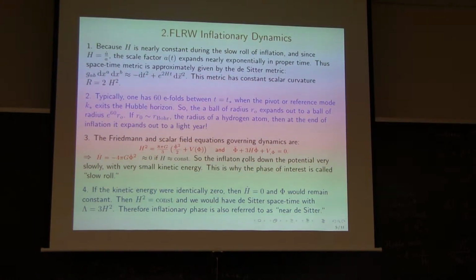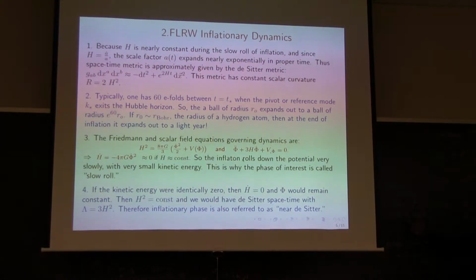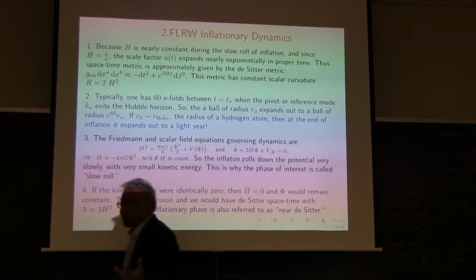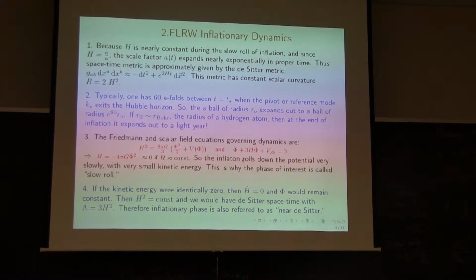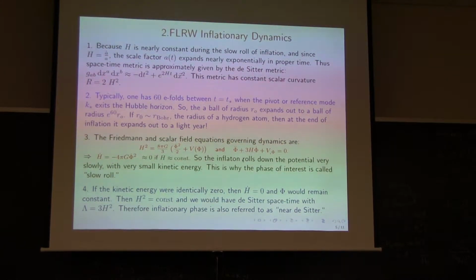I call that H naught here, just to emphasize that it is a constant. And the metric has a constant scalar curvature, which is given by 12 times H squared, which is what I was writing down up here. That the scalar curvature is just given by H naught squared. Right? I mean, the Ricci tensor has the information about the curvature scale, the invariant quantity up here. Now typically one has 60 e-folds from the time t equal to t star.